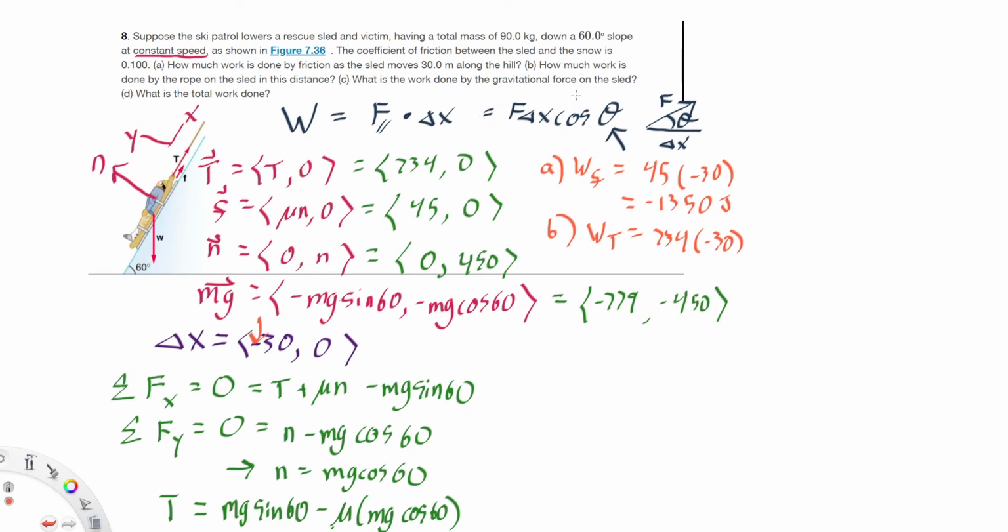All right. So the negative sign that would come from cosine 180, I have let it be carried here in the negative direction. The accident victim is going down.